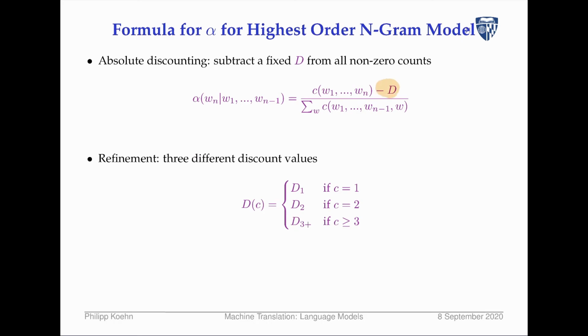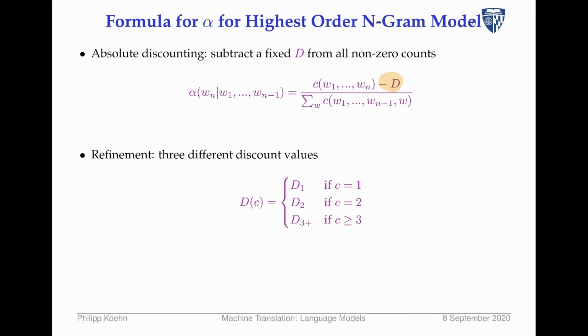So if something's seen once, we're going to say it only occurs 1 minus something. You need to come up with some kind of values. So you have to have 3 values, D1, D2, and then a value for all the counts of 3 or more. There are very specific discount values you have to choose. We still haven't said yet where we get them from.